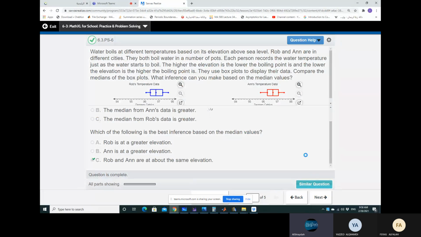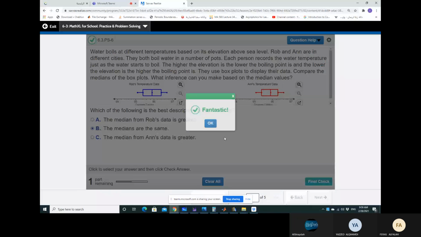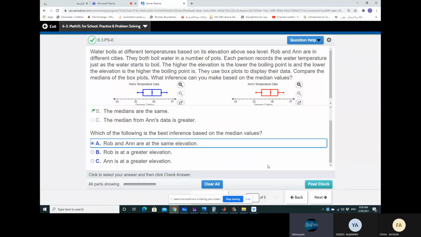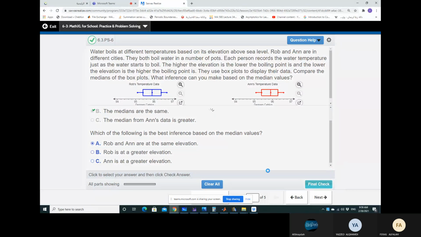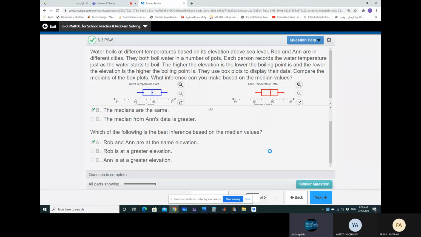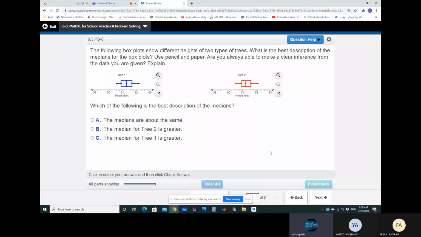Let's take another question here. Medians are the same elevation. Let's take another question. So I hope you concentrate with me, please.